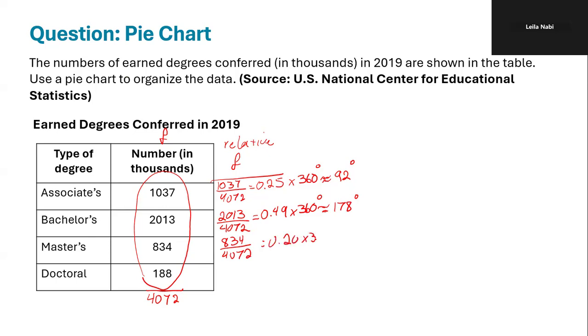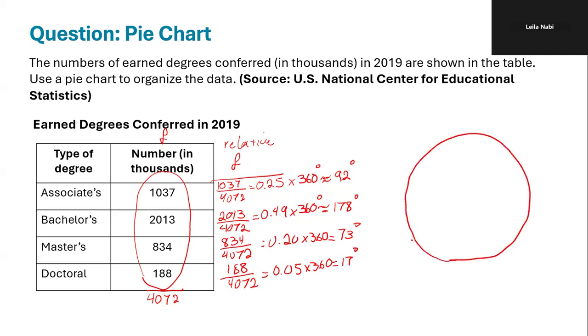If I multiply it by 360, it gives me 73 degrees. And for the last one, I get about 17 degrees.